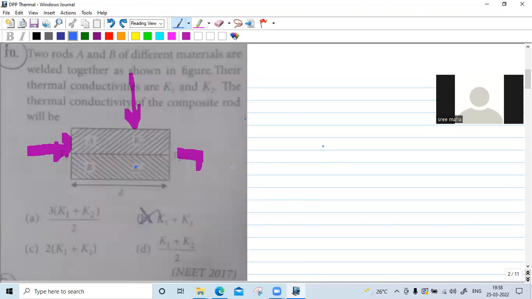So the heat current H equals K into temperature difference. The area is more, heat is more, right? This is the expression. Yes, sir, by L.